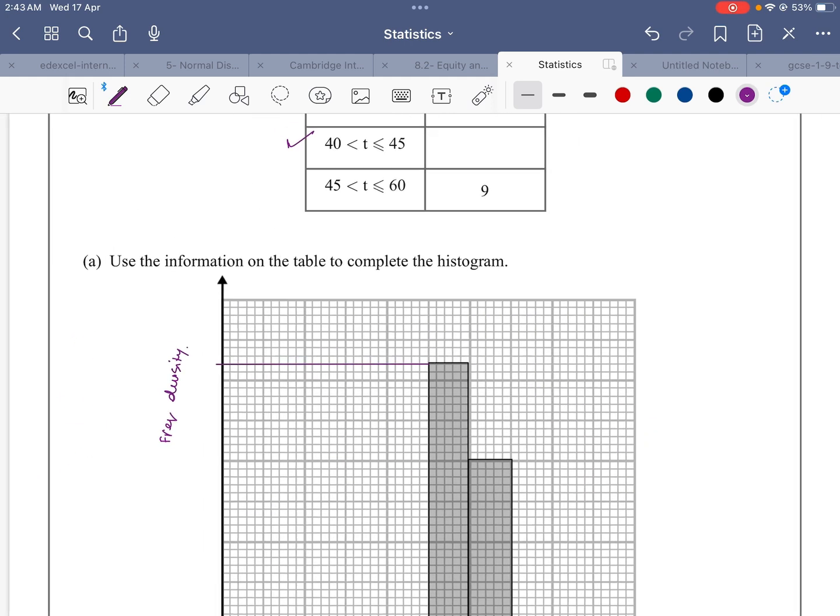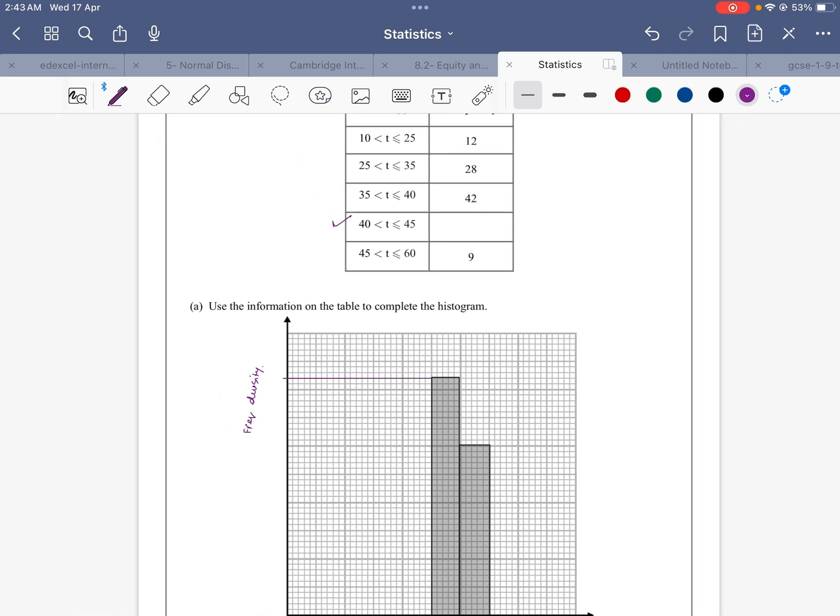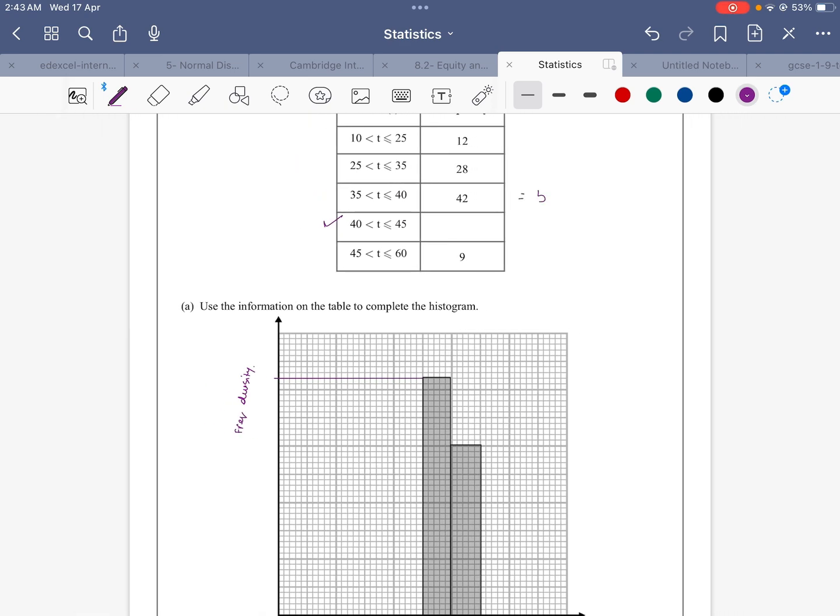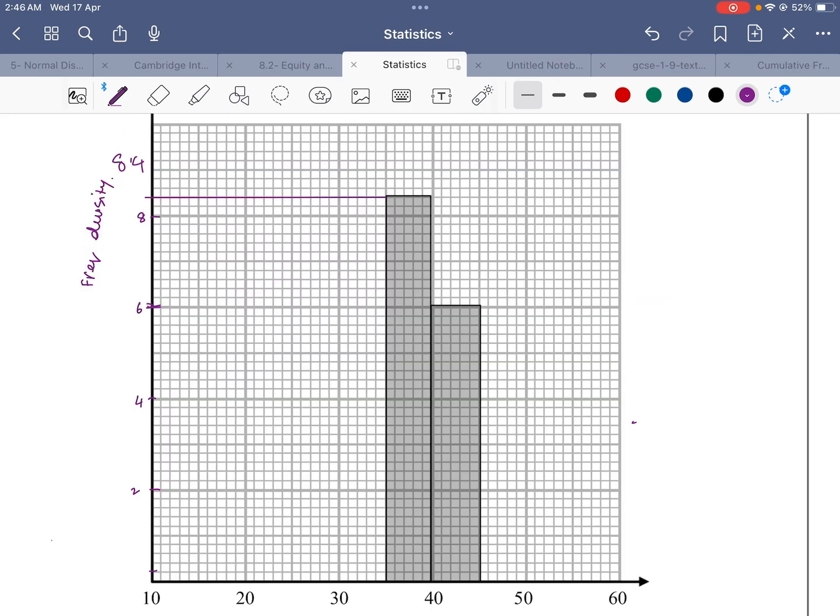So let's first find out the class width. The class width for this one is 5. Frequency density formula: frequency density is equal to frequency upon class width. So for this one, 42 upon the class width, which is 5. The answer is 8.4.